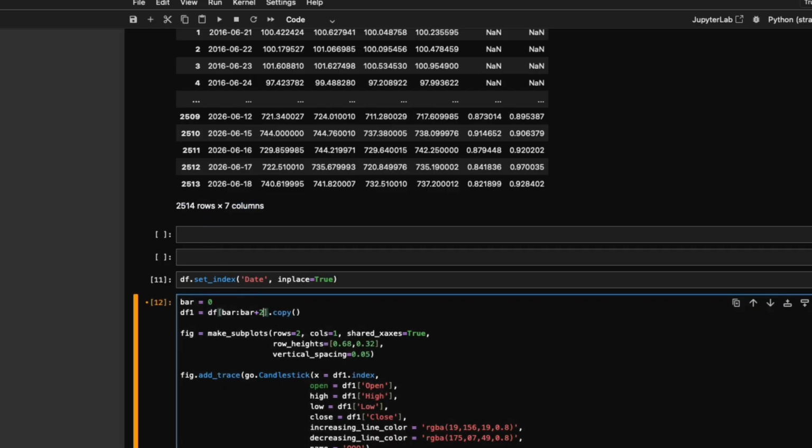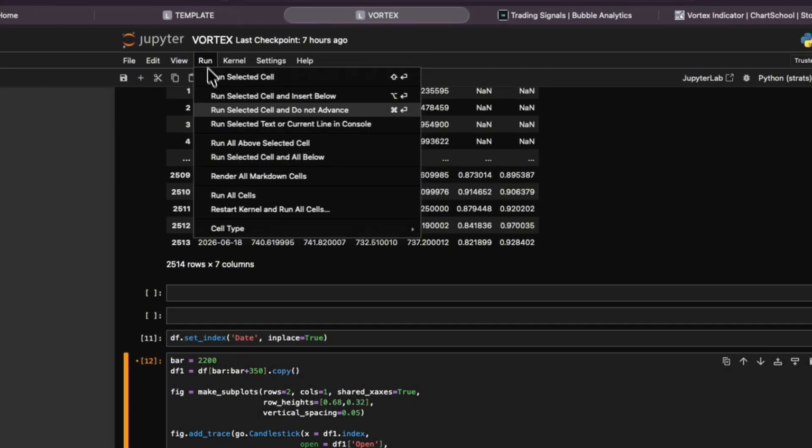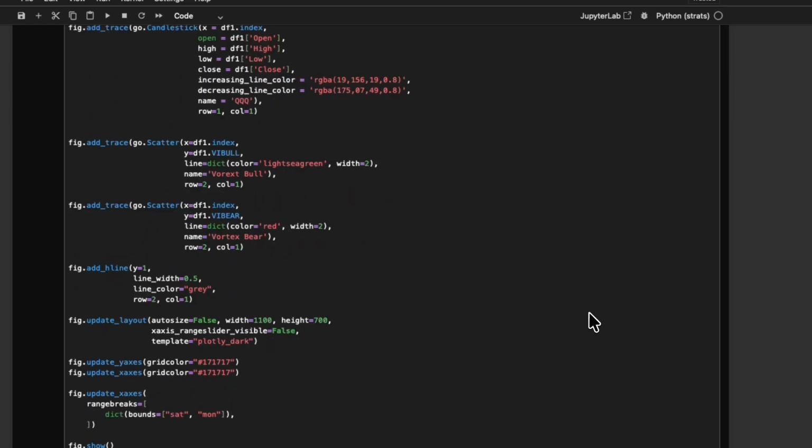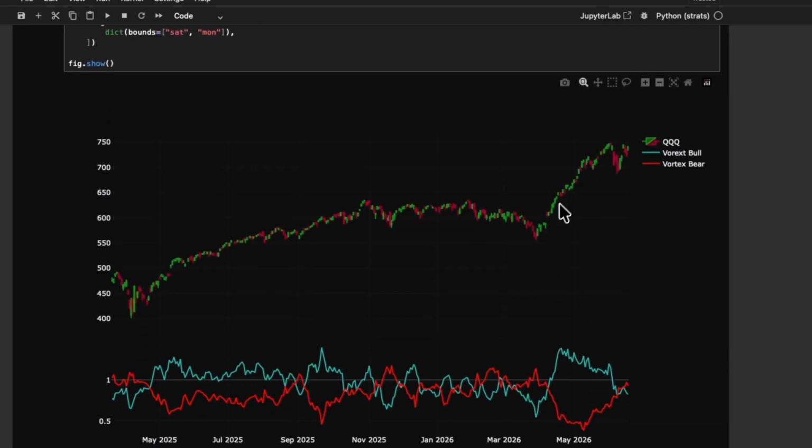And typically I will go in and render the last 300-ish. So 350. And then if we start the bars at 2200, rendering the next 350, it's going to be 314. So run all that again, and we should have more up-to-date data. So this is the most recent price action in QQQ rendered.